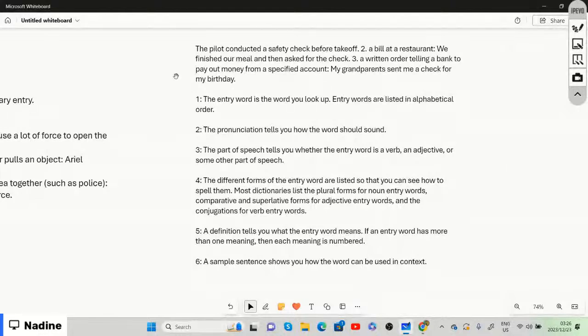And then a dictionary also tells you what the entry word means, right? So you have your entry word that you looked up, and now it gives you the specific definition or the meaning of that entry word.